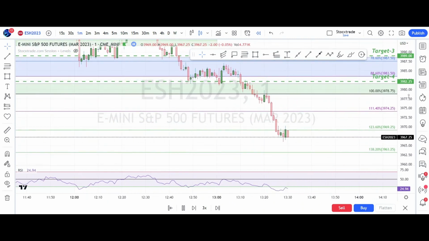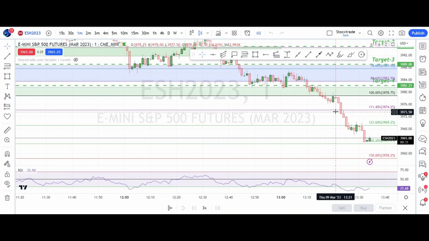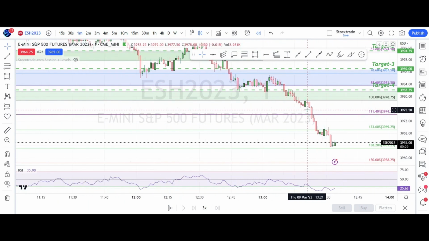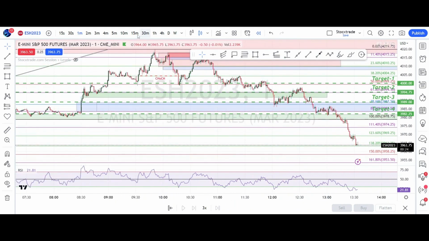Okay, so the price hit, yes, if you can see, the price hit 111.4%. Okay, why the price hit 111.4%?